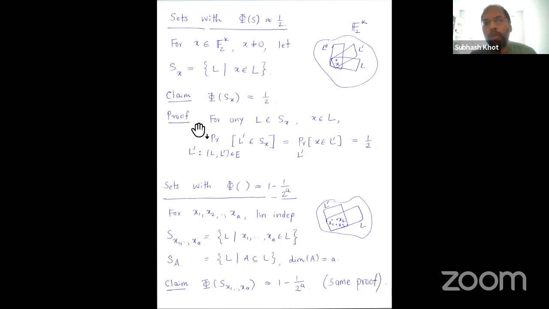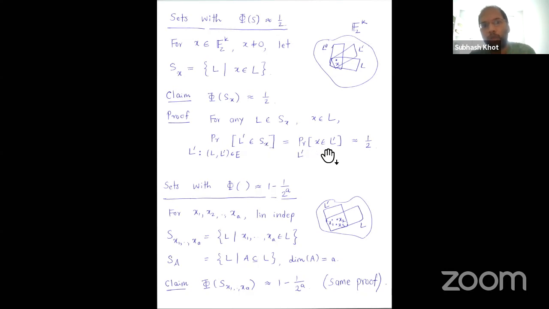Okay, and here is a quick proof. In fact, we even saw this proof before in different words. So what is expansion? You start with any vertex L in this set S sub x, which simply means that L contains the point x. Then from L, you take a random edge going out of L, meaning you take a random space L prime whose intersection with L has dimension l minus 1. What's the probability that L prime is also in the set?